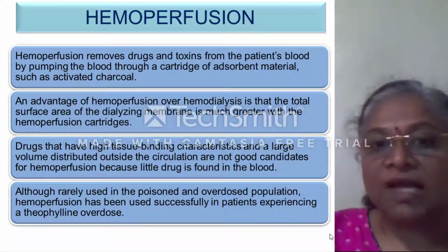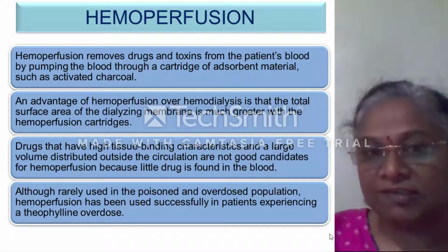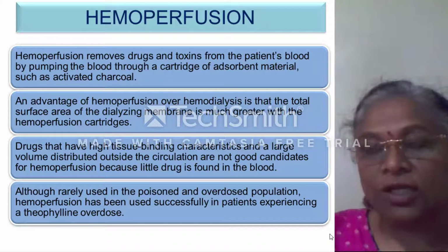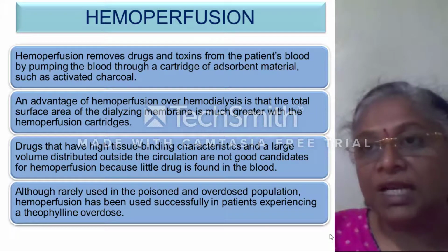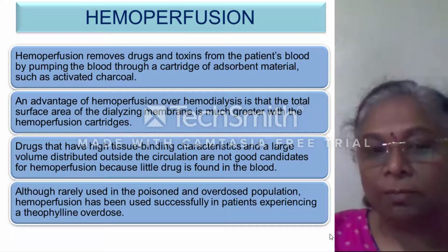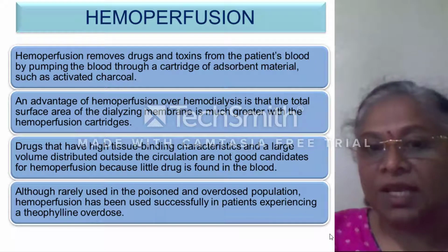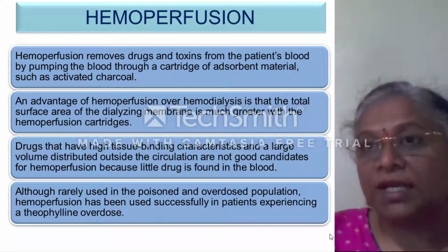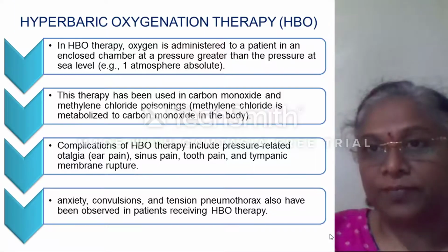Drugs that have high tissue binding characteristics and a large volume of distribution outside the circulation are obviously not good candidates for hemoperfusion, because very little of the drug will be present in the blood. Although it is very rarely used in the poisoned and overdose population, hemoperfusion has been used successfully in patients who get intoxicated with drugs like thiopental.